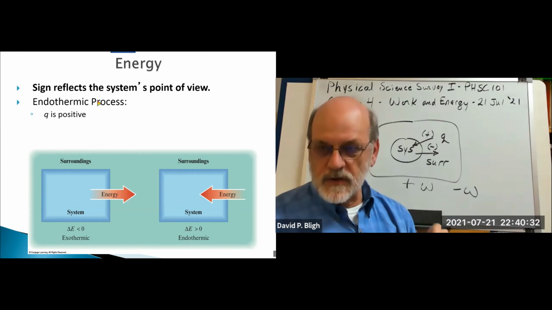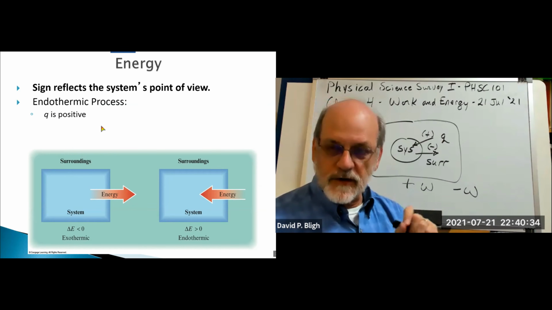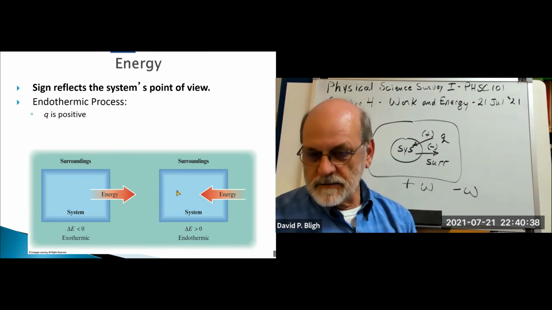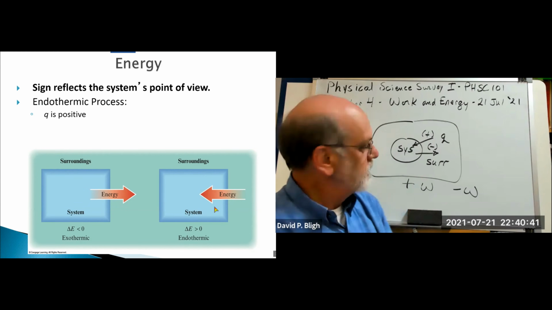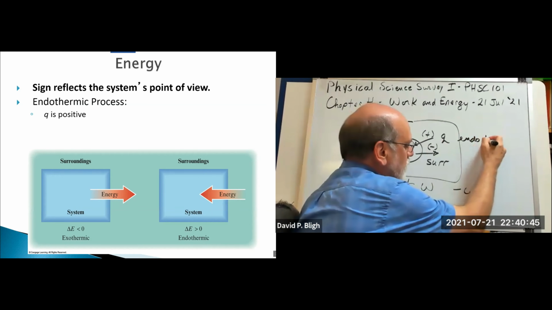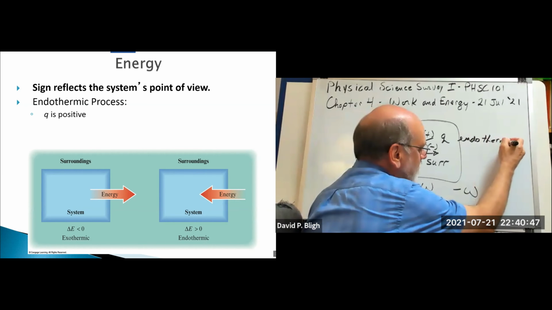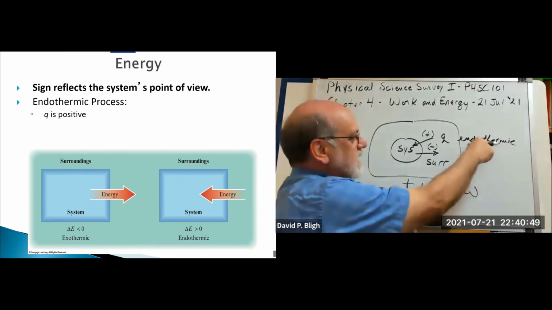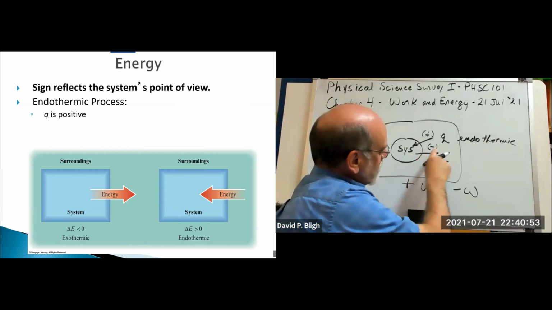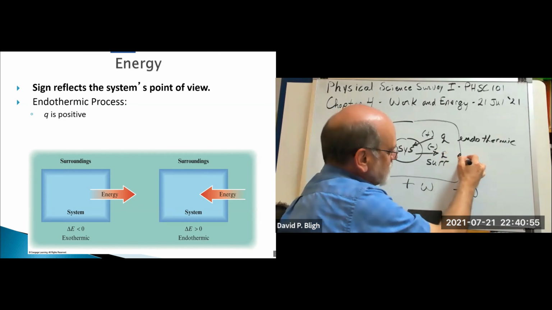Endothermic means into. Heat is transferred into, endothermic. So it would be this side over here where Q is positive. That is endothermic. Heat is transferred into the system. If it's transferred out of the system, that's exothermic.